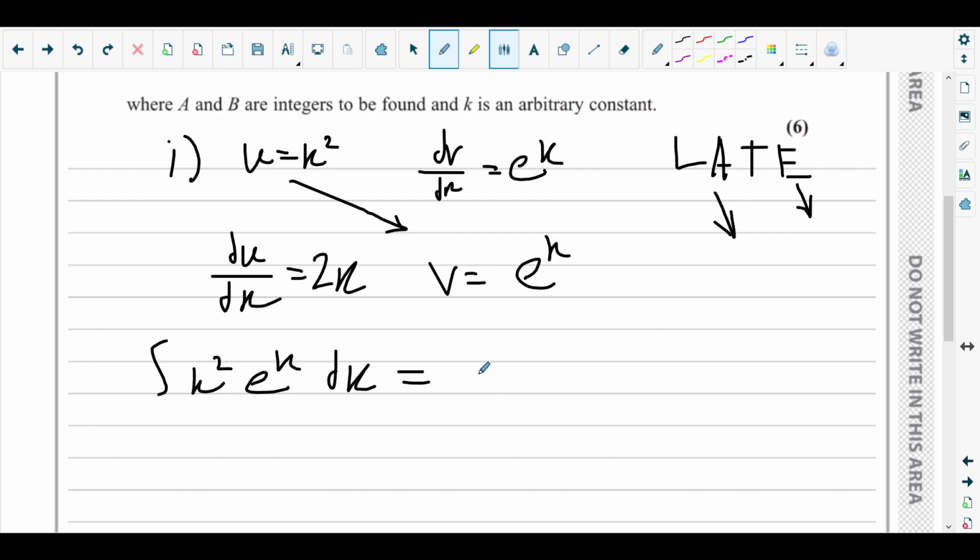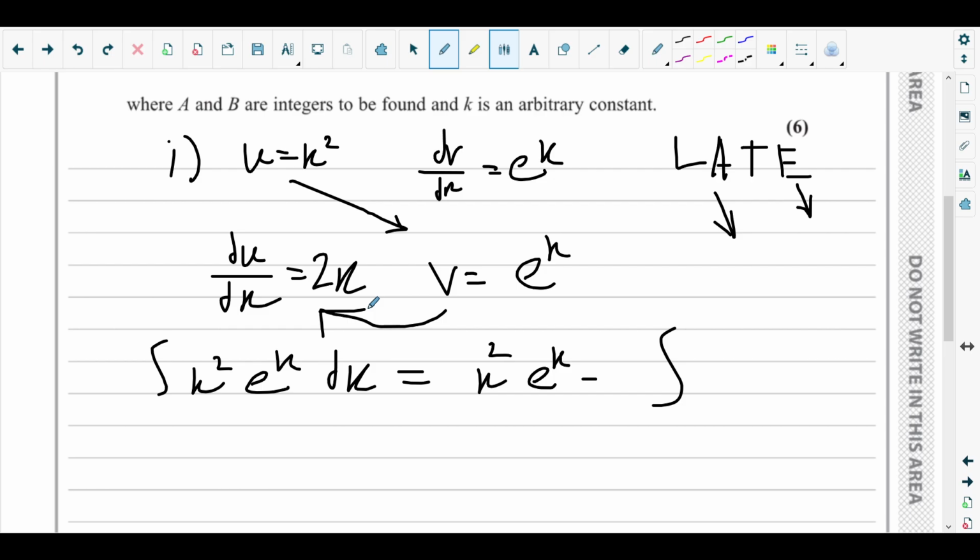that is x squared e to the power x minus the integral of v times du over dx. You don't need to memorize the formula; just do this step by step. You choose one for differentiation, one for integration, considering the LATE sequence, and then carry on the differentiation and integration simultaneously.